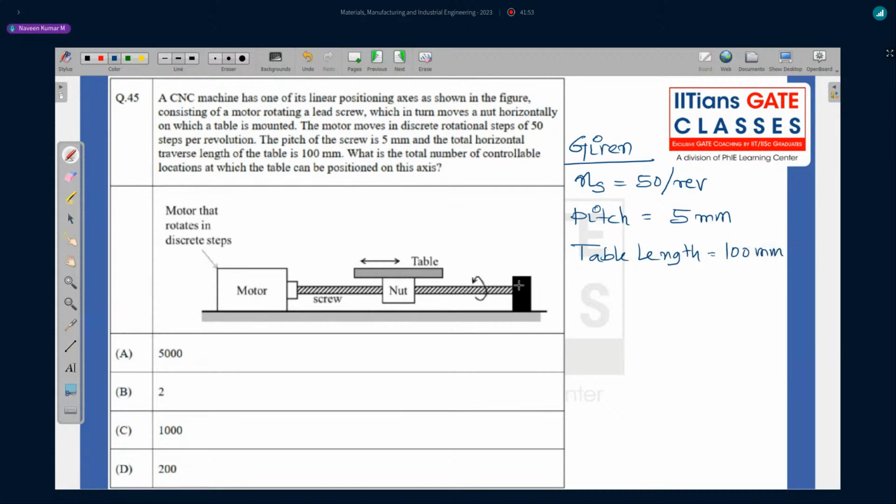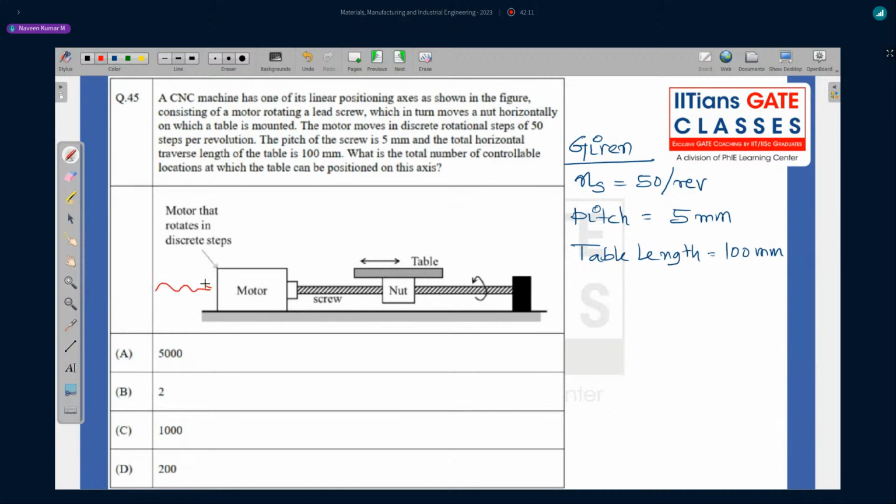Now what they're asking: what is the total number of controllable locations at which the table can be positioned on this axis? Controllable position means one small rotation. Let's discuss what is happening here.